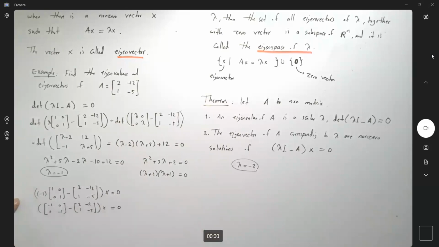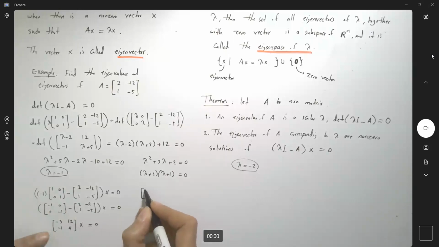Basically, we have -1 minus 2, which is -3, and -1 plus 12, which is 11. Then here you have -1 and -1 plus 5, which is 4. Oh, it should be just 12, am I right? Yeah, because it's just 0. Perfect. Times x equal to 0.